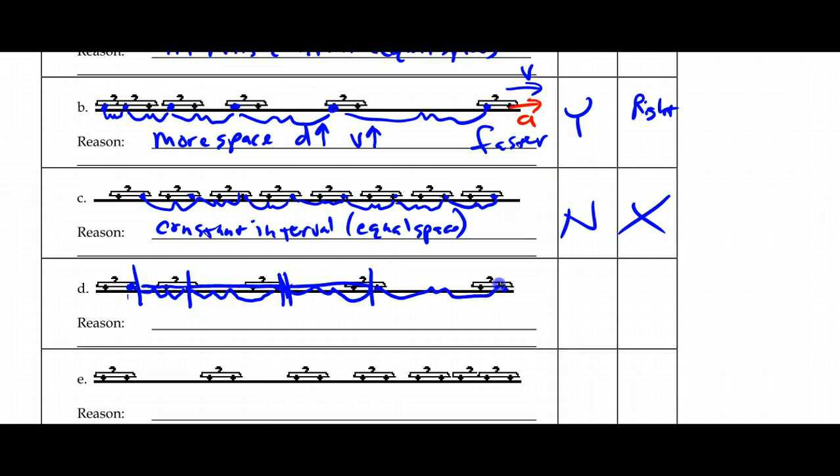And then from here to here, that's a little bit longer. So it looks like we've got an increase, although much slighter than we had in B, of our velocity. Our speed is getting higher. So we are going to say it's accelerating, and again, the velocity and acceleration vectors need to match in direction to get faster.